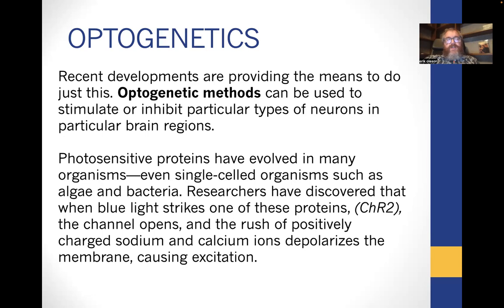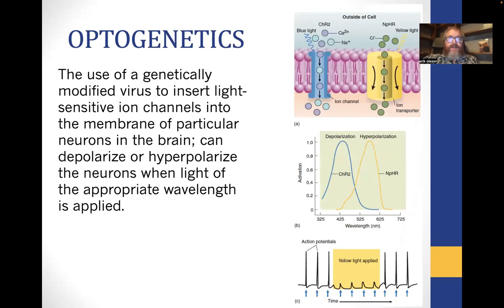But researchers have discovered that when blue light strikes one of these proteins called channel rhodopsin 2, the channel opens and the rush of positively charged sodium and calcium ions then depolarizes the membrane, causing excitation. The use of a genetically modified virus to insert light-sensitive ion channels into the membrane of a particular neuron in the brain can then either depolarize or hyperpolarize the neuron when light activates the appropriate wavelength.